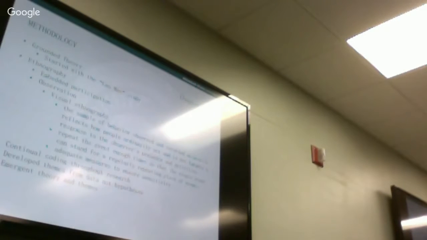I gained access through a gatekeeper, specifically one administrator who I talked to, and he prepared me for how to get into the shelter and what to do and how to navigate. So I participated as a homeless individual, even though, to be quite clear, I was not a homeless individual, so I cannot say that I have a full understanding of that mentality.